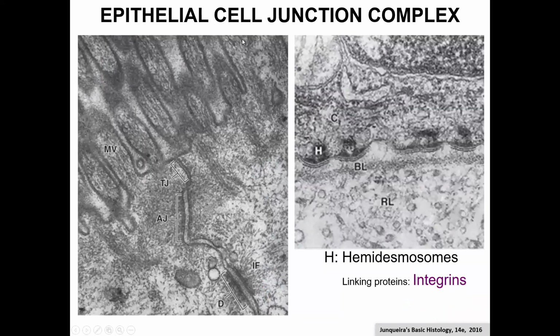The electron micrographs here, transmission electron micrographs, show the hemidesmosomes, and here the junctional complexes, the tight junction. So there is no space really in between the membranes of the two attached cells. These are the attachment junctions, these are the zonula adherens, and these are the macula adherens, the spot desmosomes.